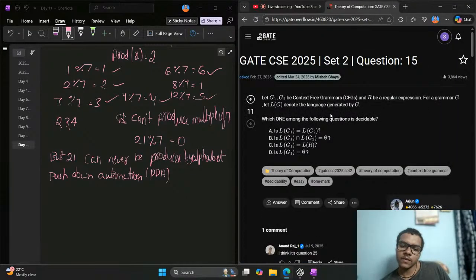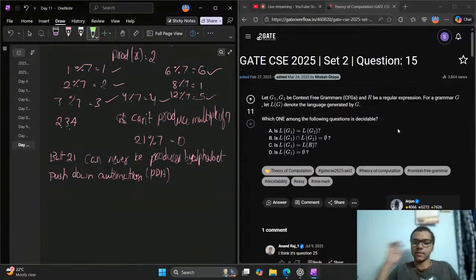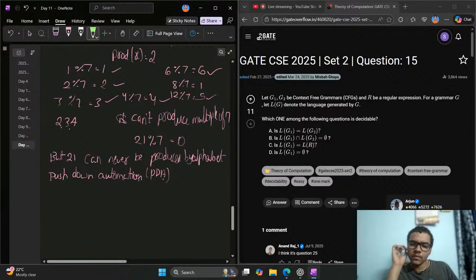G1, G2 are context-free grammars, and R is a regular expression for a language. Is it decidable?